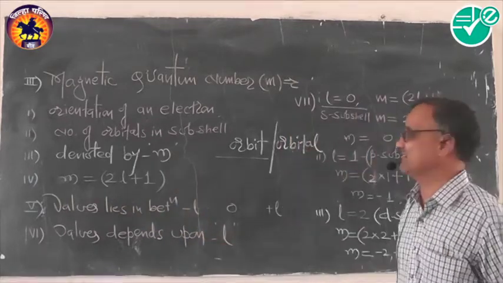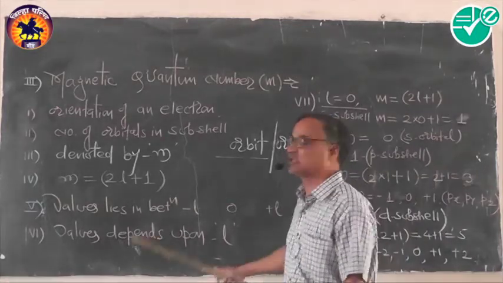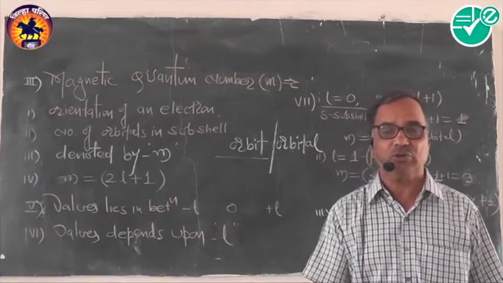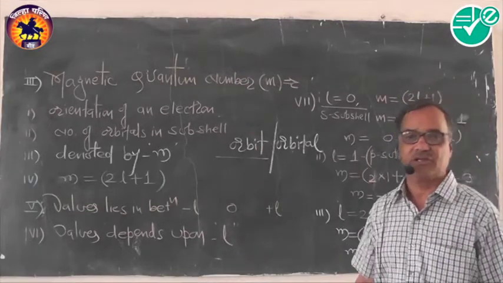In yesterday's lecture, we saw the values of azimuthal quantum number, that is l is equal to 0, 1, 2 and 3 respectively.